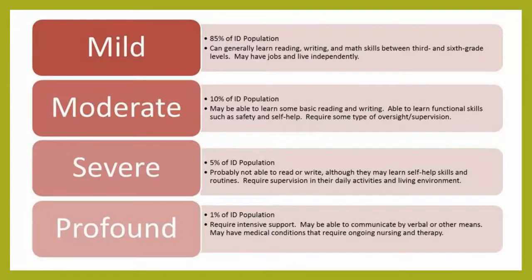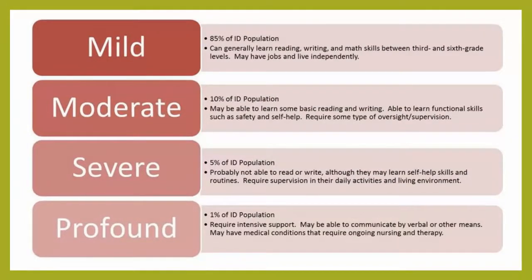Moderate disabilities is 10% of that portion of the population. They may be able to learn some basic reading and writing, able to learn functional skills such as safety and self-help, and may require some kind of oversight or supervision. A severe intellectual disability is a smaller portion still, and probably not able to read or write, although they may learn self-help skills and routines, and require supervision in their daily activities and living environment.